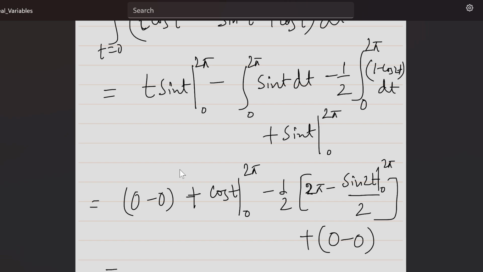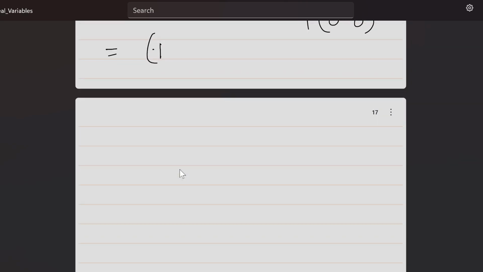So cos 2 pi is what? Cos of 2 pi is minus 1 or 1? No, it is 1. I will write here: cos of 2 pi is plus 1. Cos of n pi is minus 1 whole power n for any positive integer n.